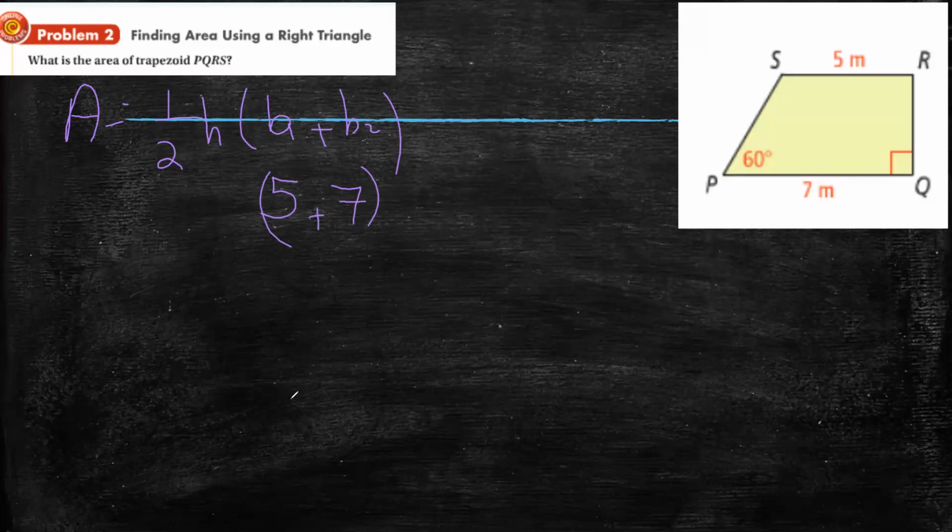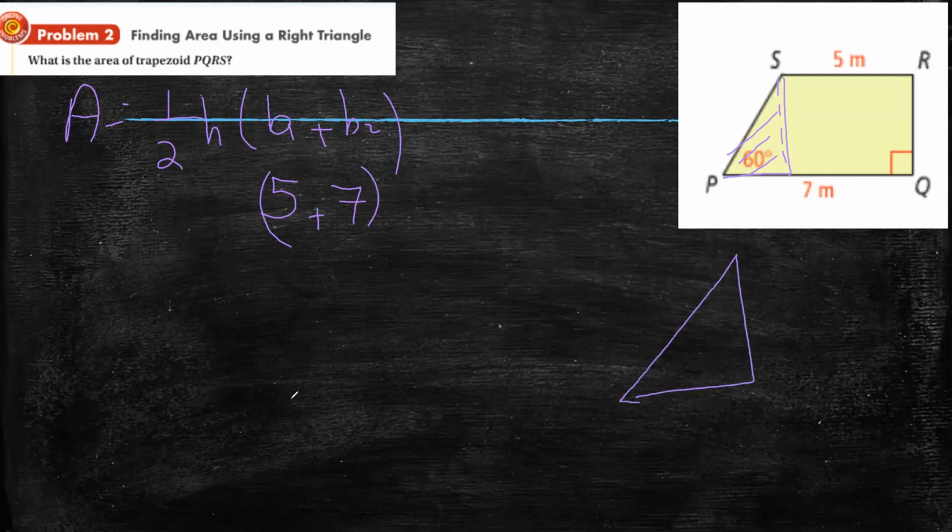If we draw an altitude here, what do we have? Did I make a right triangle? We're going to have a 30, 60, 90 special triangle. We can use trigonometry rules to find the height. So did we have a right triangle? Yes. As you see here, the shaded one is a right triangle.